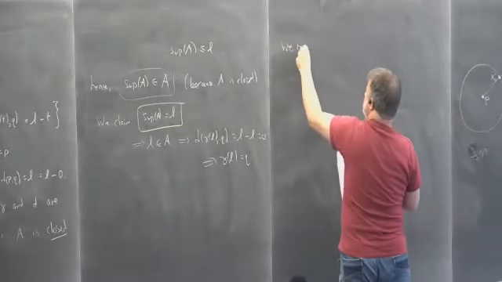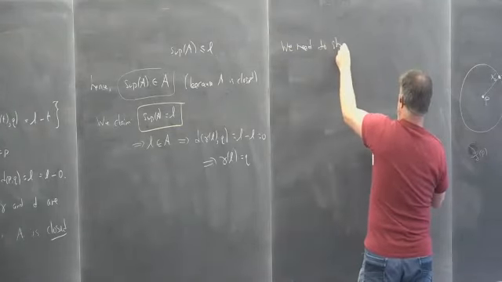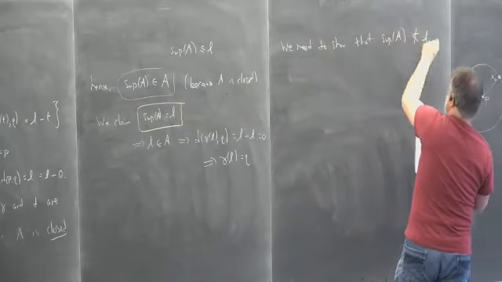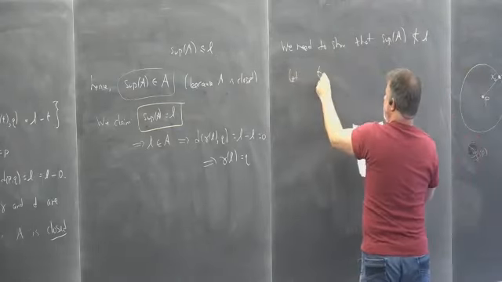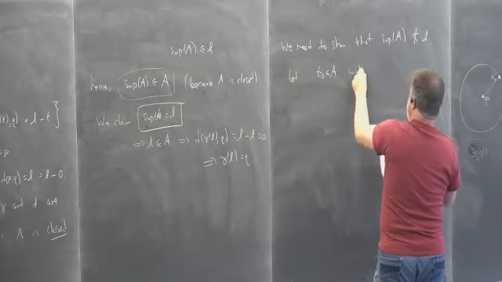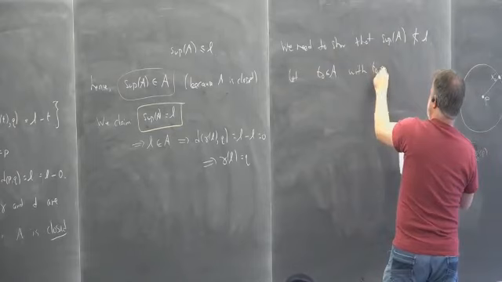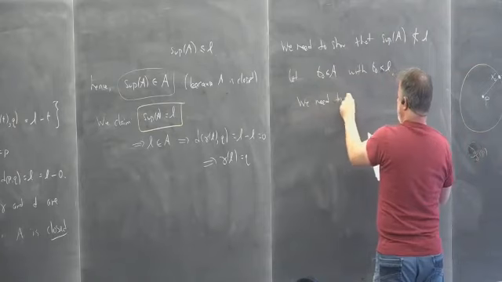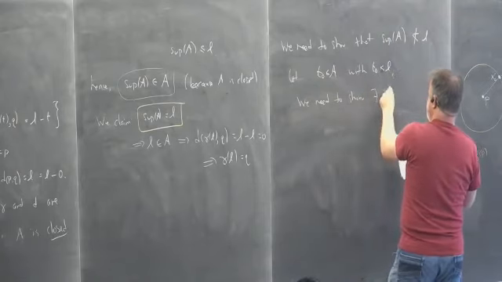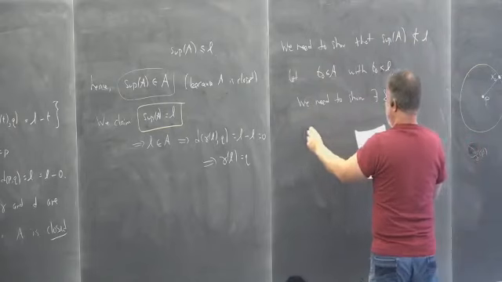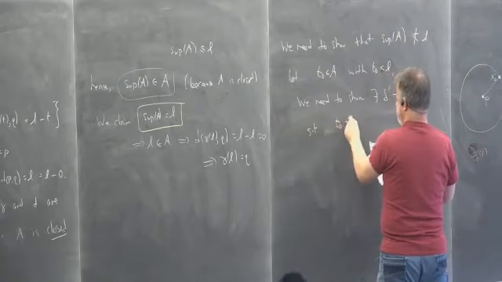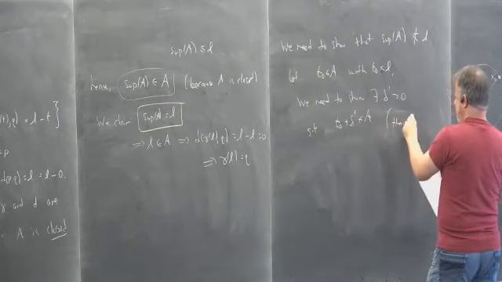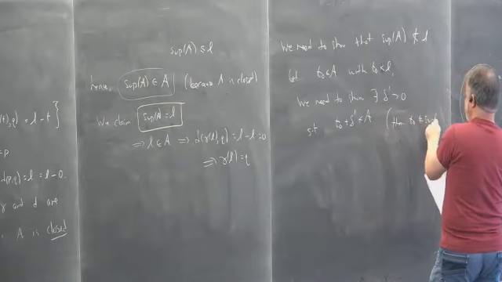So we need to show that supremum of A is not less than L. So let T naught be in A with T naught less than L. We need to show that there exists some delta prime such that T naught plus delta prime is in A, because this implies that T naught is not the supremum of A, right?